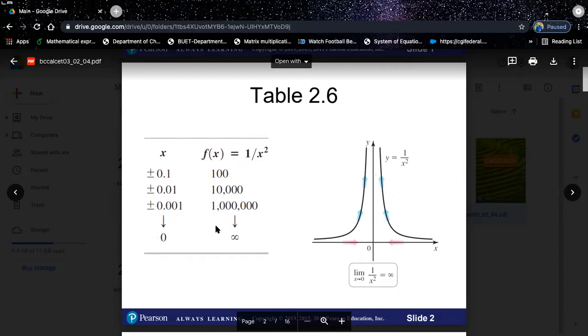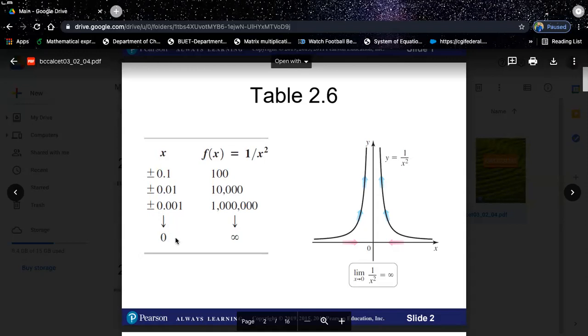So even if we don't know what the graph looks like, we can clearly see from the algebraic calculation that if we move towards 0 from either side, by the way, you can see there is a plus or minus, that means we are moving from either side. We are taking plus 0.00001 and minus 0.00001.